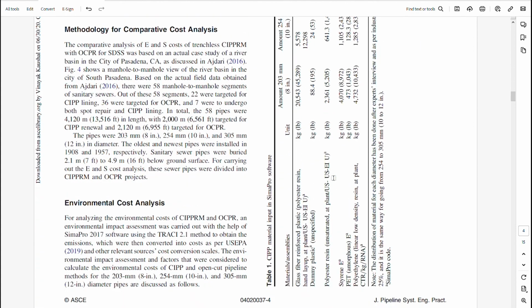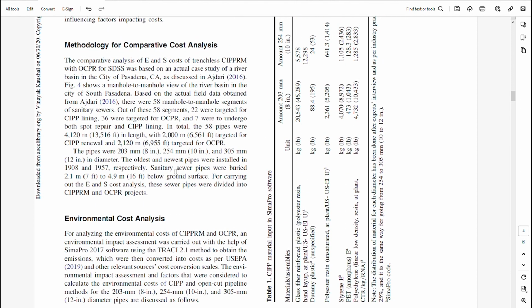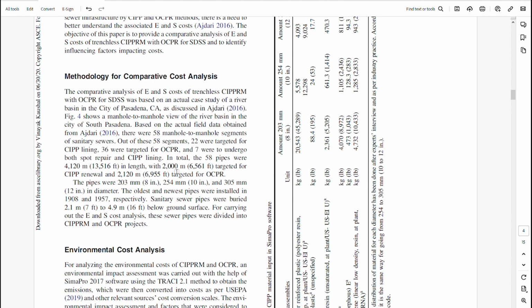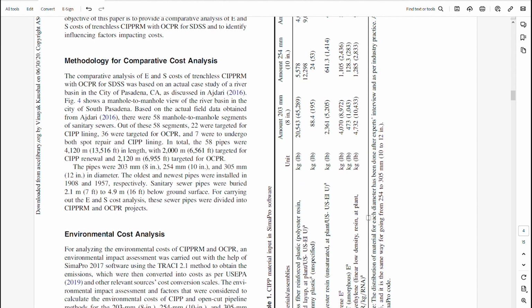Then we are slowly getting towards the result and analysis part of the research or the paper. And then it is a very good idea to tabulate those results or researches or the analysis used.